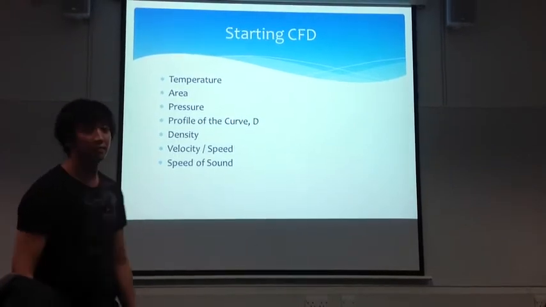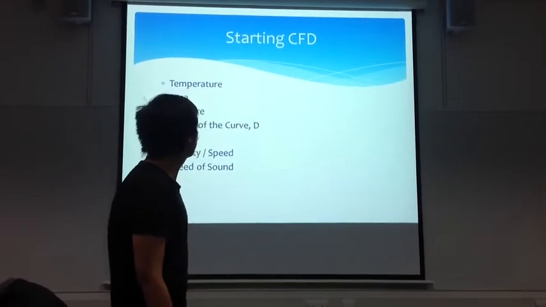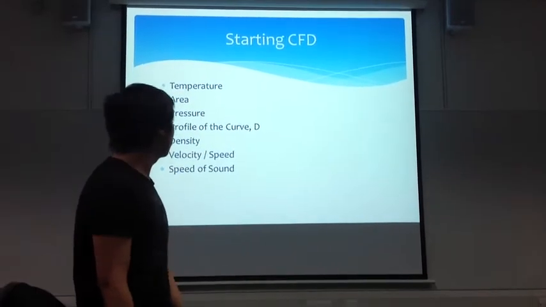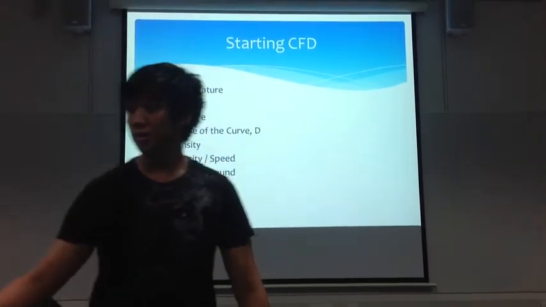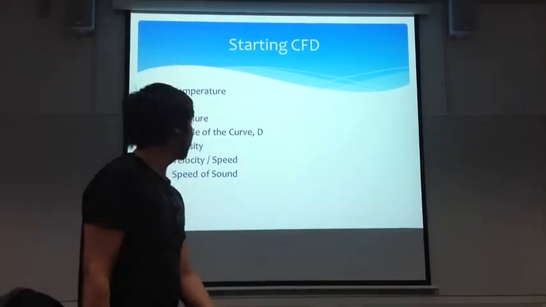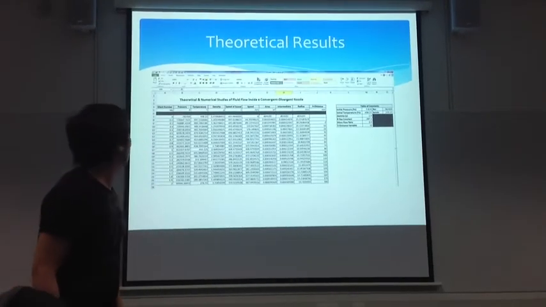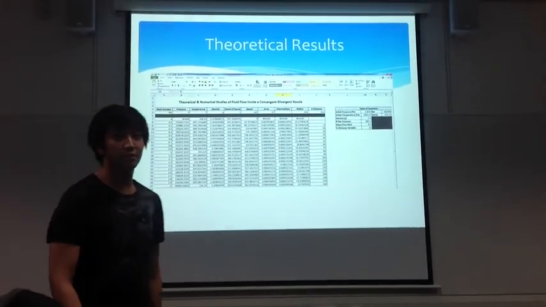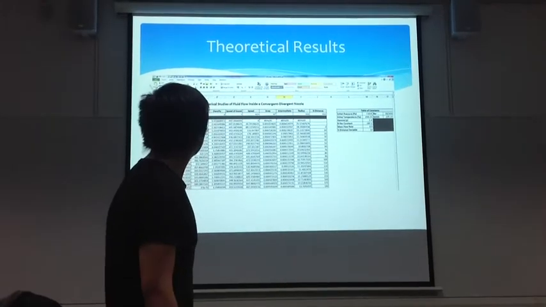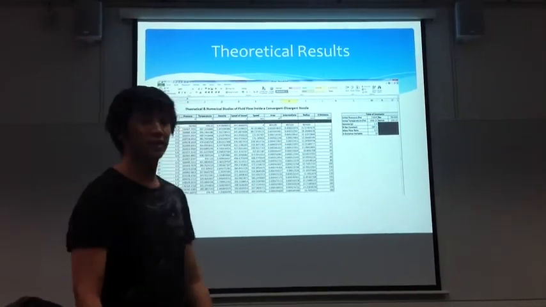To start CFD, we need to take a few equations into account, such as temperature, area, pressure, density, velocity, speed of sound. As you see from the screen, I've done my results in a table with the different calculations.